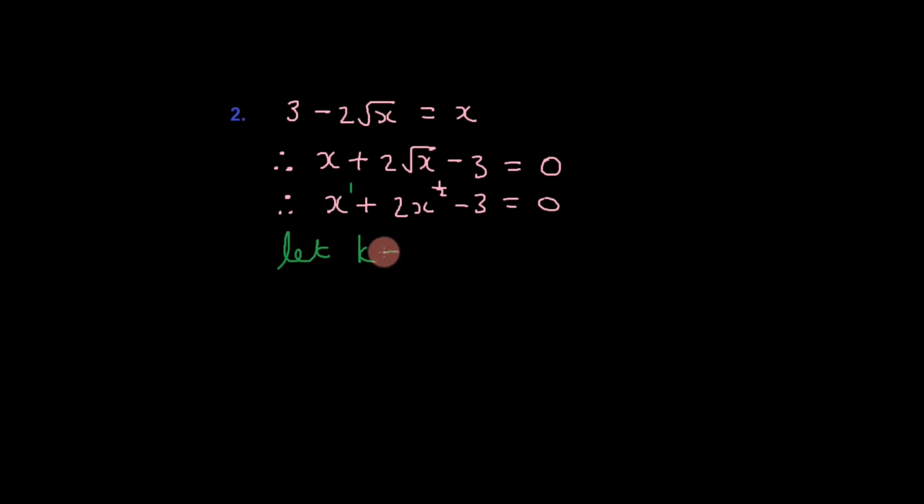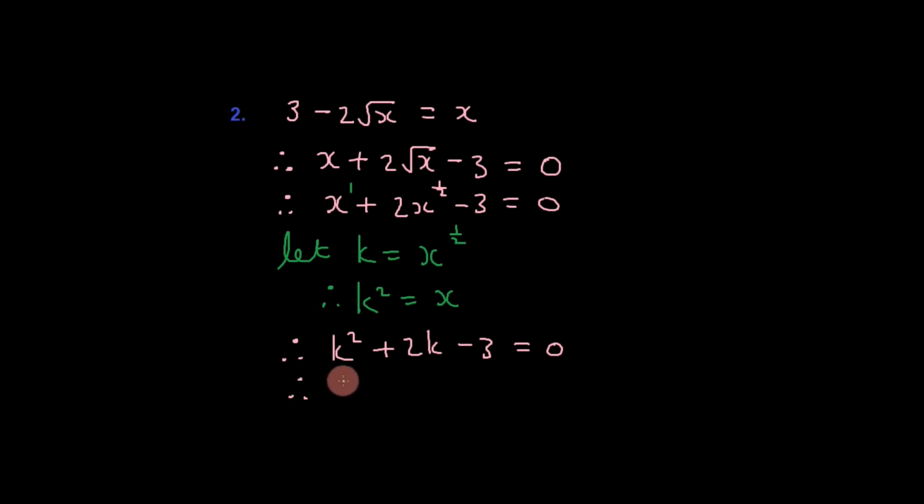So we let k equal x to the half, and hence k squared will equal x. So substituting k into this equation, we have k squared plus 2k minus 3 equals 0. And we factorize.